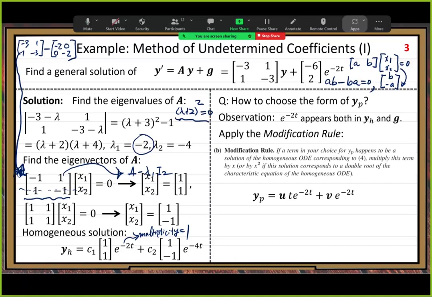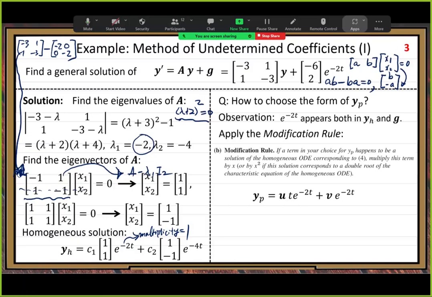Vector coefficients for these two functions. So U and V to be determined. We will calculate U and V.